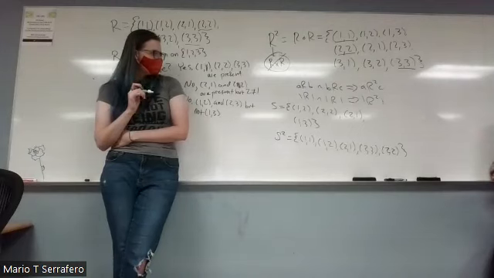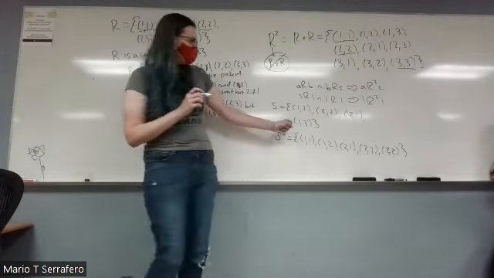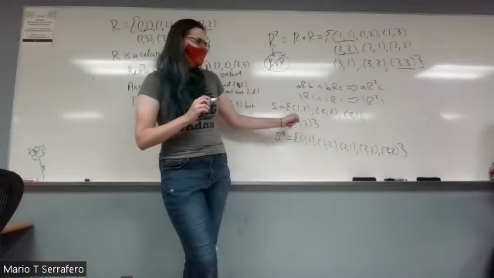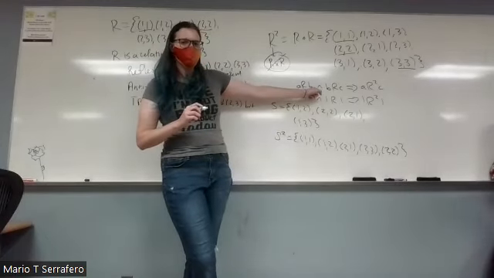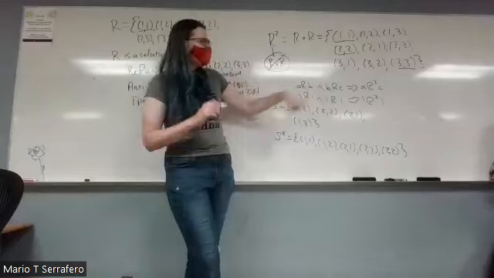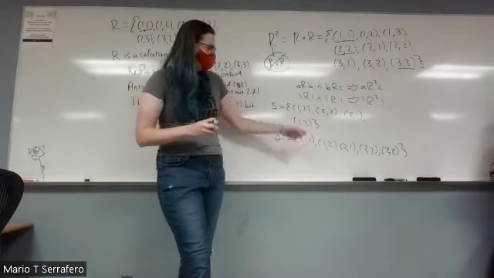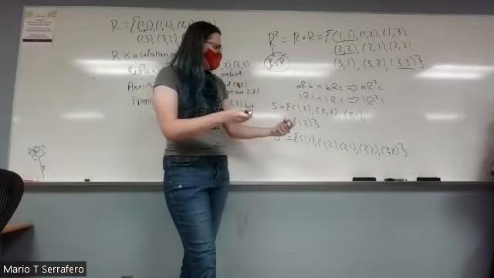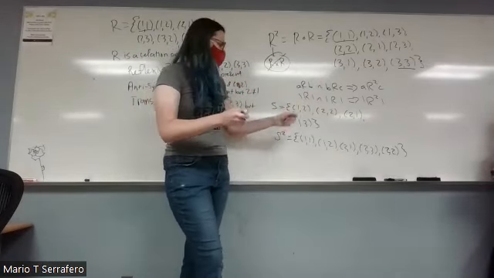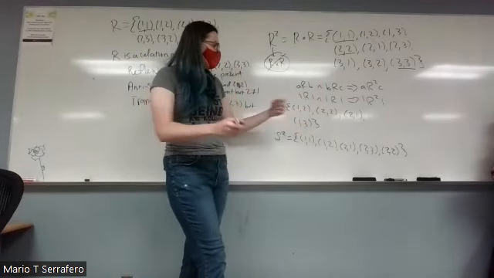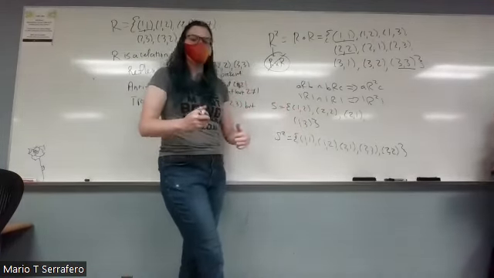Danny, one last question. Why is 1, 3 not in S squared? Because there's no way to get 1, 3 as a composition of these rules. To get 1, 3, I'd have to put 1 as an input and get 3 as my second output. If I put 1 as an input, the only thing I can get out is a 2. And if I put 2 back in, I can't get a 3 out.